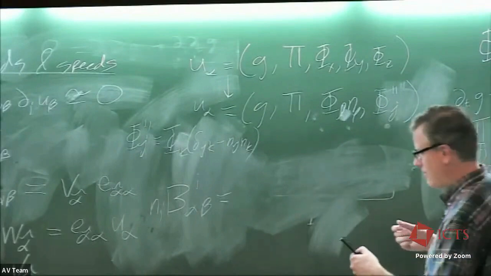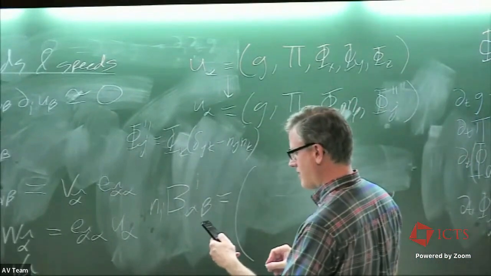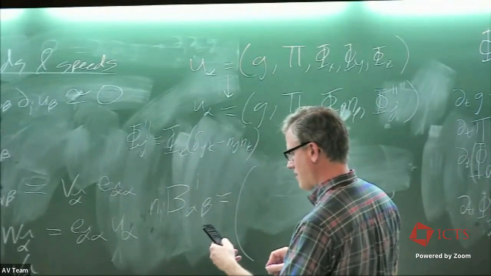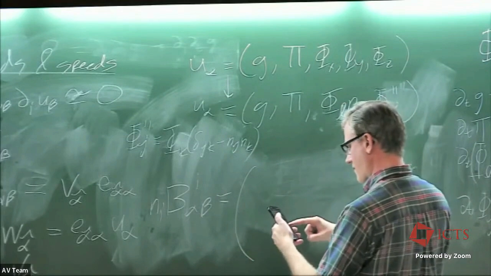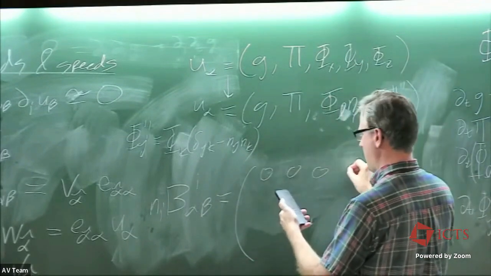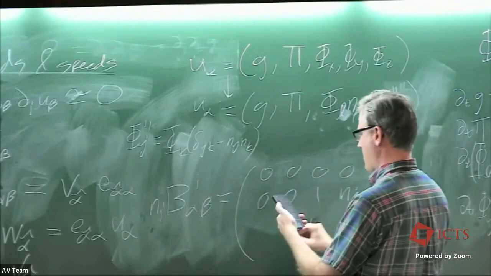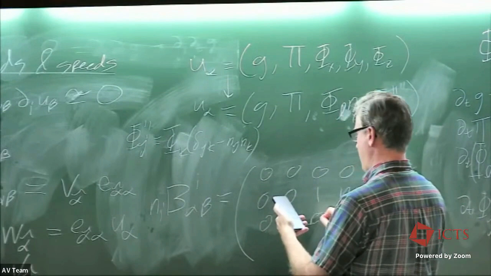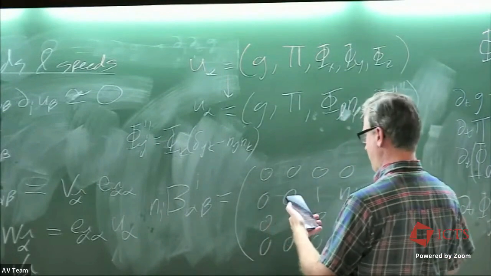So if you were to write this whole thing down, what you end up getting for that one matrix looks like this: 0, 0, 0, 0, 0, 0, 1, and j, 0, 1, 0, 0, 0, 0, 0, 0.